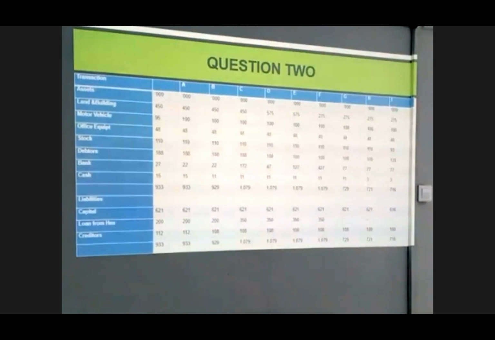Reduced by 8,000. Perfect. Now let's look at capital, and then creditors. Creditors, what has happened here? It has reduced. So how are you going to tell this story?